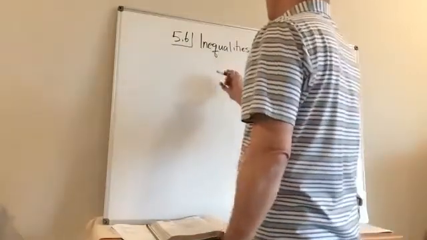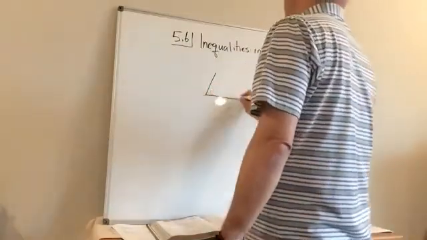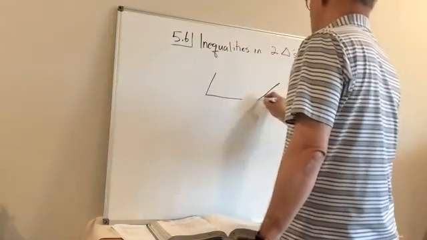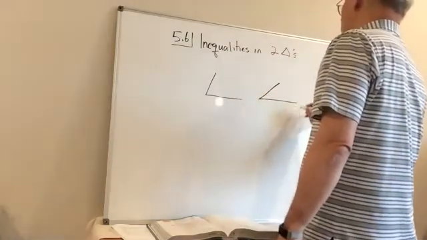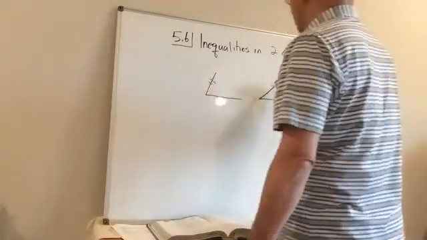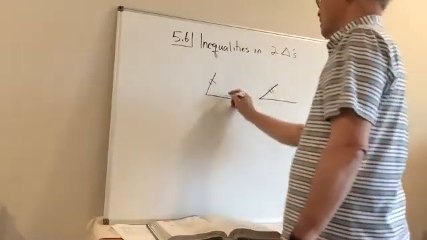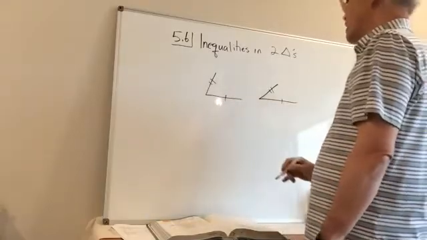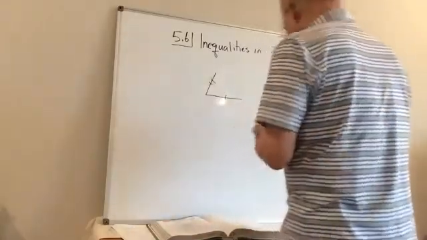If I have two triangles, where this side is the same as this side, and this side is the same as this side, now we're going to have a third side here.